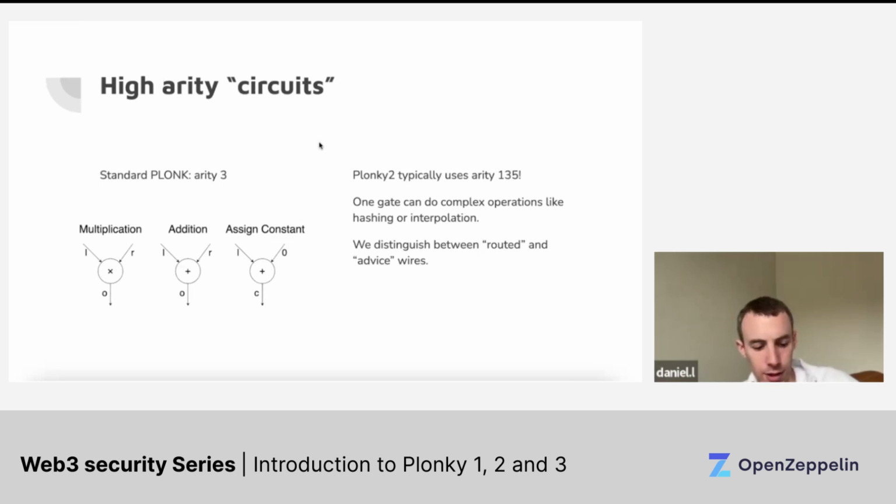For example, we have a Keccak STARK that has, what is it, a few thousand columns, so even a whole order of magnitude more than this. It's a STARK rather than a Plonk circuit, but it's kind of the same cost model.